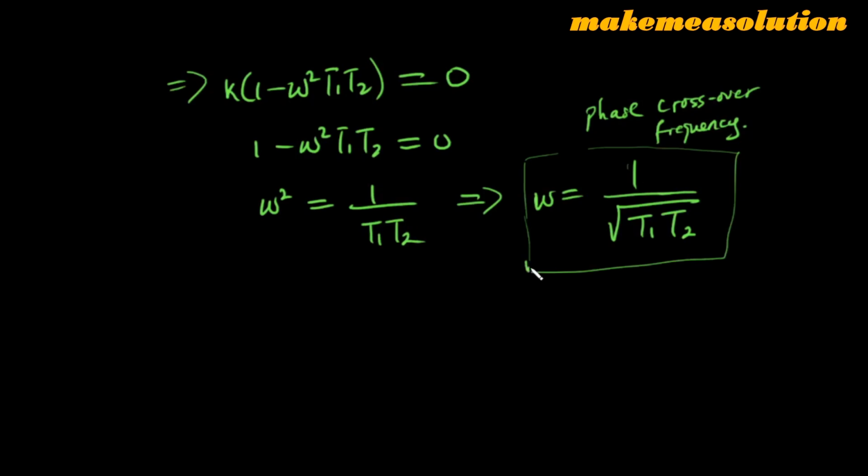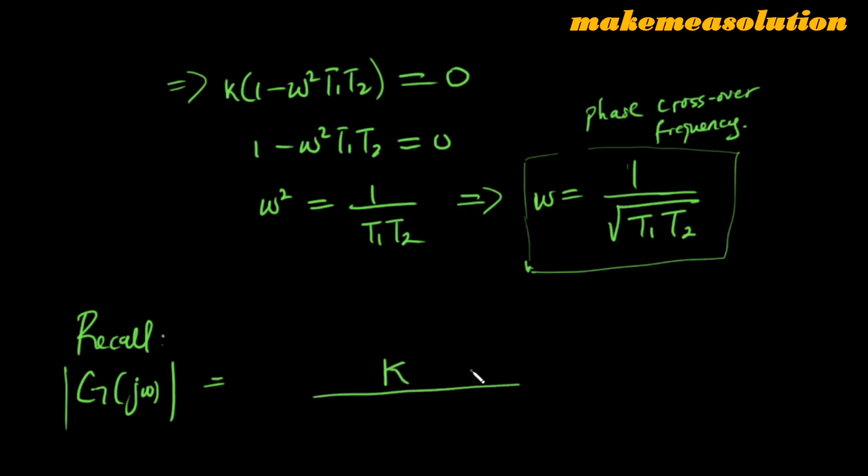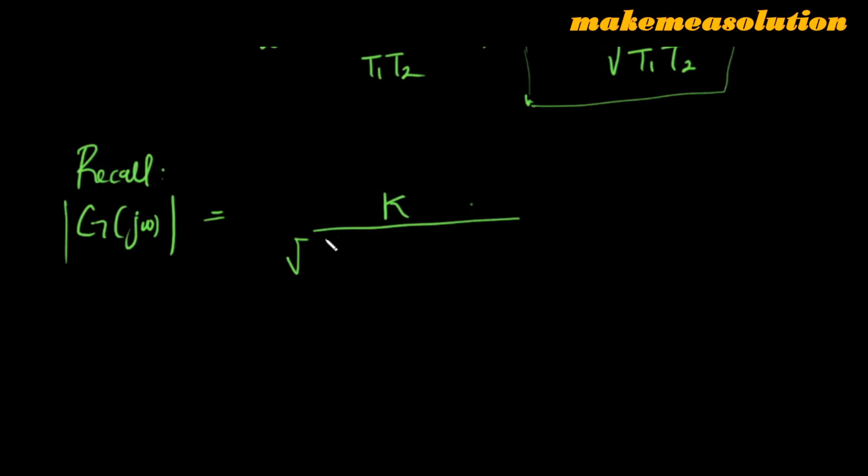The magnitude of our G of j omega at this frequency. So recall that the magnitude of G of j omega is given to us as K divided by the square root of 1 plus what? Very good.